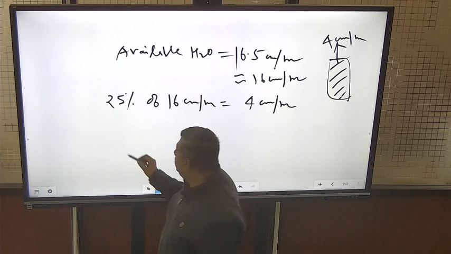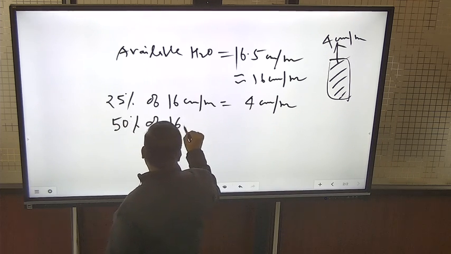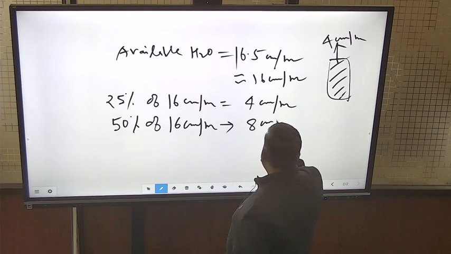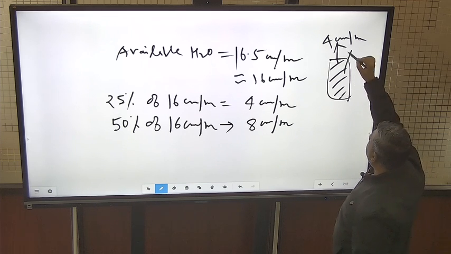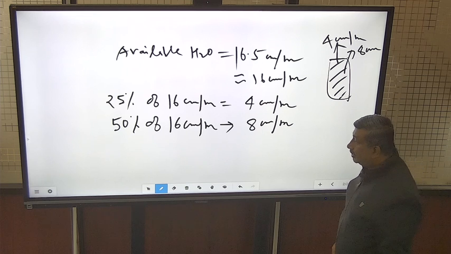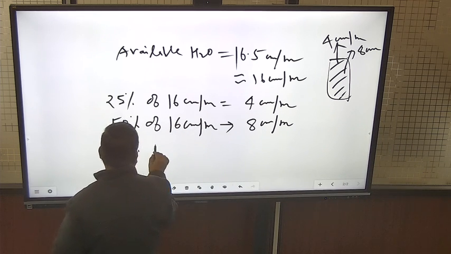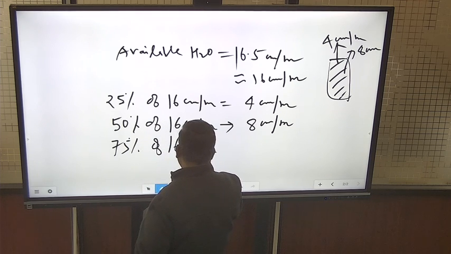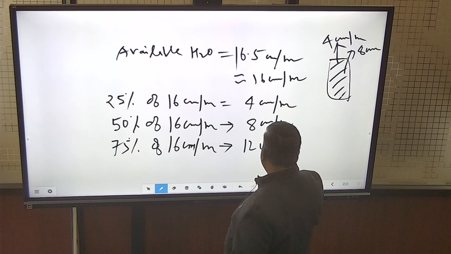Similarly, suppose depletion is 50%. So 50% of 16 centimeter per meter is 8 centimeter. So another crop that can tolerate 50% depletion needs irrigation when there is an 8 centimeter loss of water. Similarly, if the crop can tolerate 75% depletion, of 16 centimeter per meter it is 12 centimeter per meter.